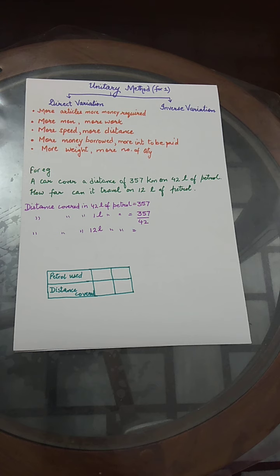Last example: if you have more weight of any quantity, the total will also be more. Like if the weight of 10 bags is 100, then the weight of 20 bags will also be more because the number is increasing.